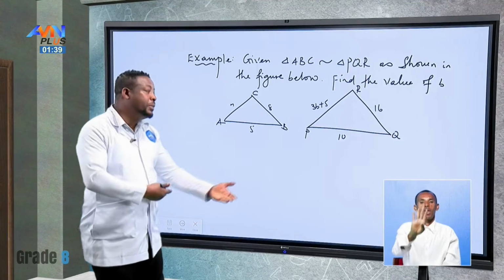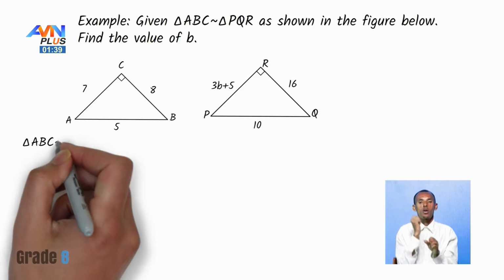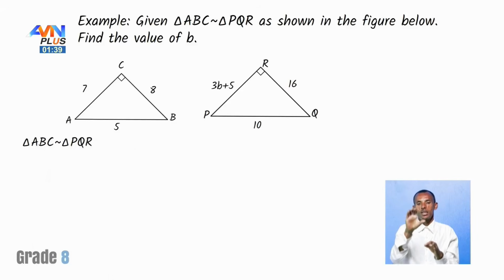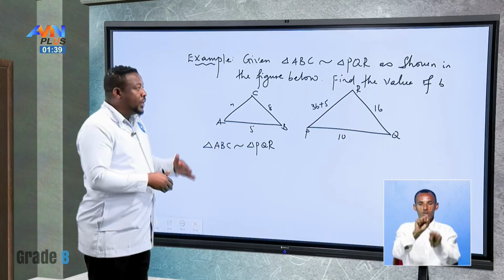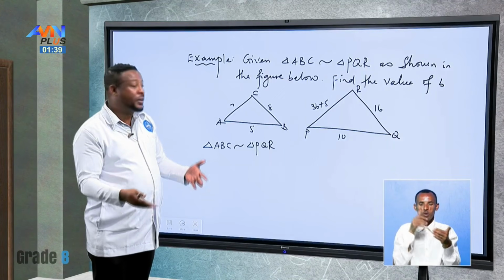As we did before, the first thing that you need to do is putting ABC is similar to PQR. So now you can take the ratio of the corresponding sides as equal.